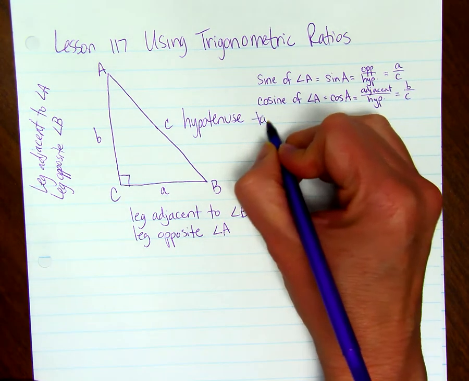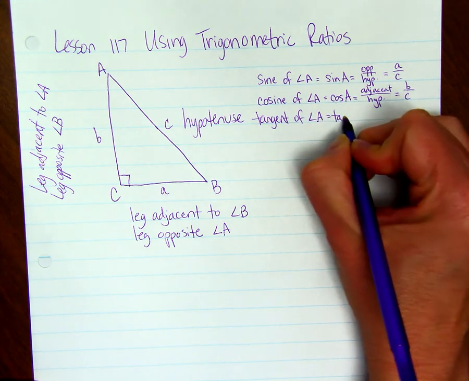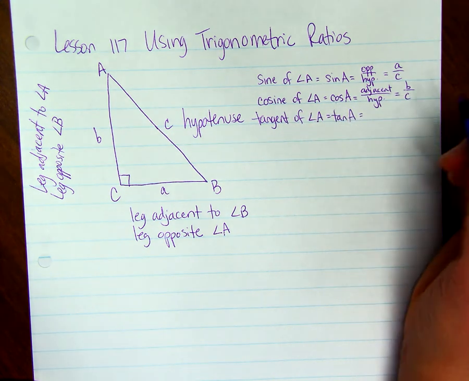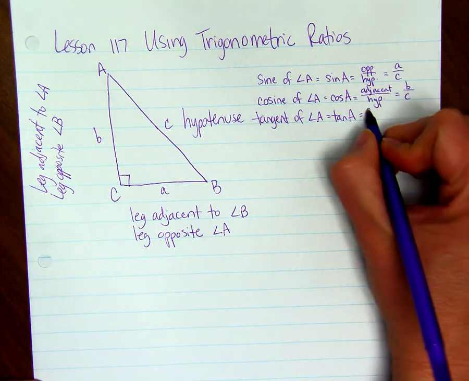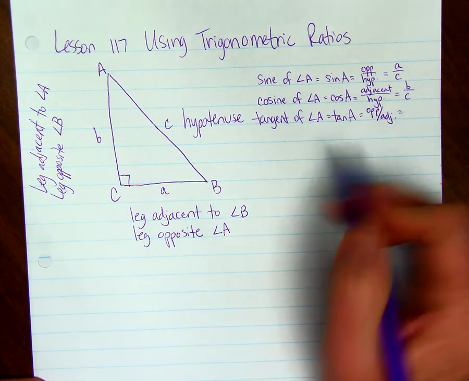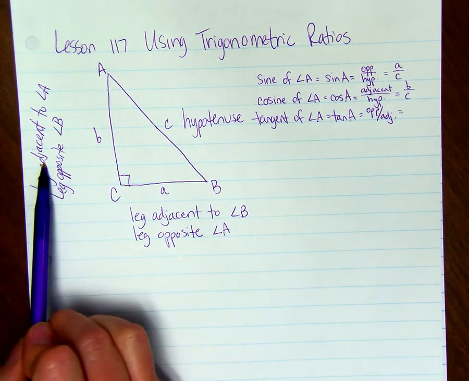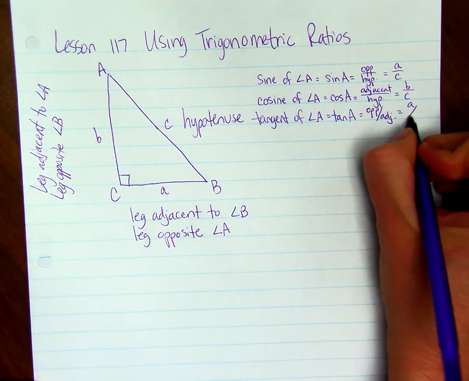And then the tangent of angle A, we write tan A, and that is opposite over adjacent. Opposite of A is little a, adjacent to angle A is b, so it's a over b.